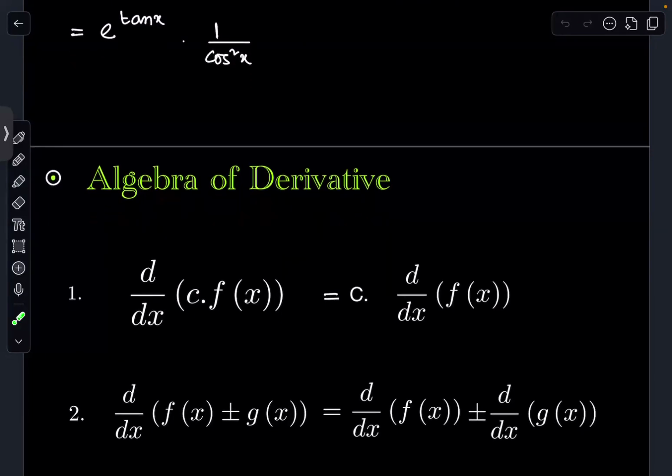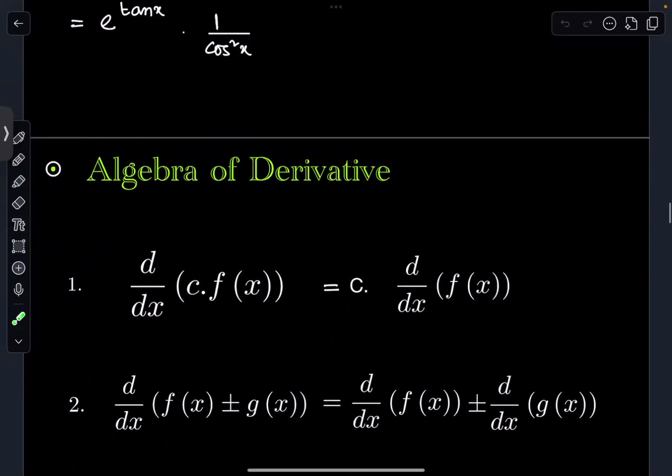The second point of algebra says differentiation is distributive over addition or subtraction. So as per the left hand side, you add two functions f x and g x, or you perform a subtraction of the two and then perform the derivative, it will give you the same result as their individual derivatives being added or subtracted.